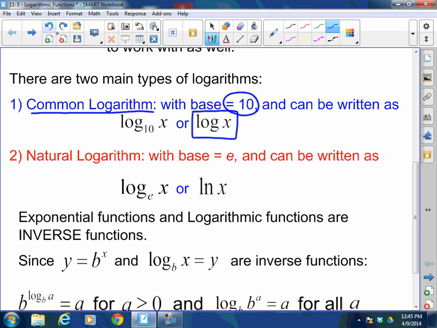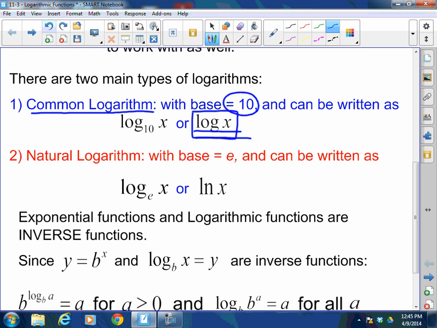When you just have log of a value, please remember that the base of that log is 10. Kind of like a square root. Isn't there an invisible 2 there? Okay, same thing here, my brothers. If I just see log straight up like that, it's log base 10.